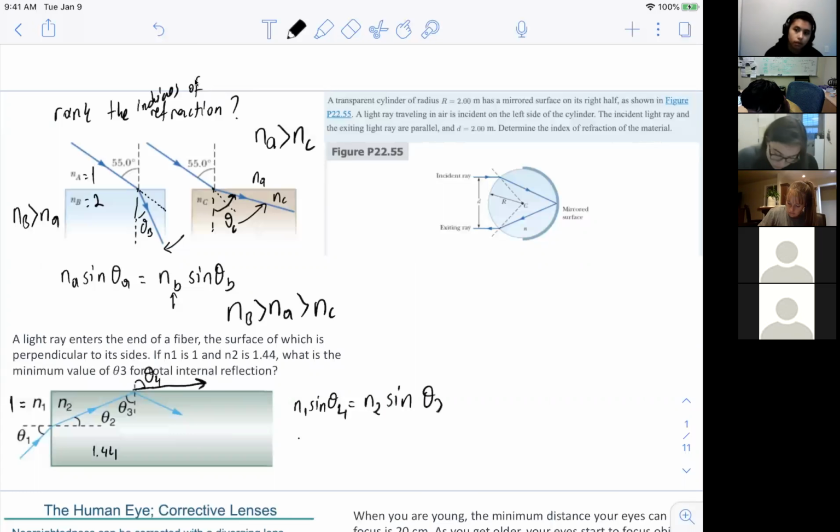So N1 is 1, sine theta 4, and you have N2 sine theta 3. Let's assume it's not total internal reflection. What would happen when you have a refraction from medium N2 to the first one? Theta 4 is the hypothetical case. But the left-hand side is a sine function and cannot be larger than 1.